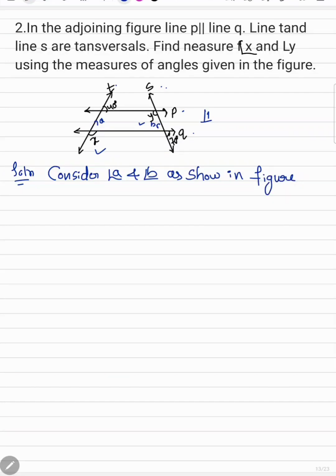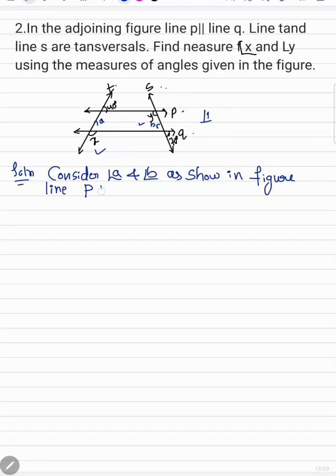Yes, then here line P is perpendicular to line Q. And line T is a transversal.